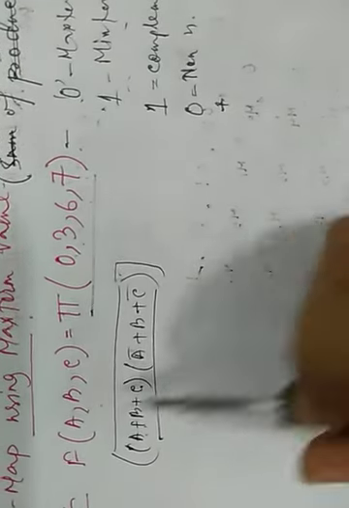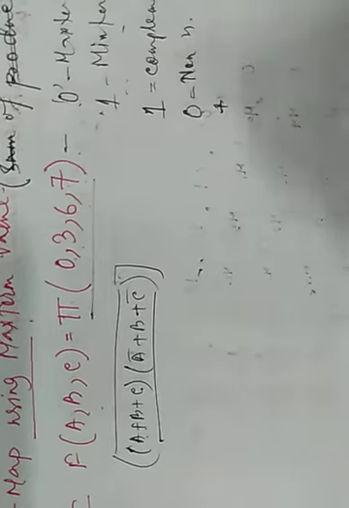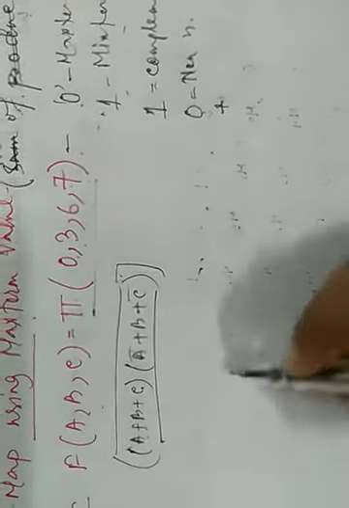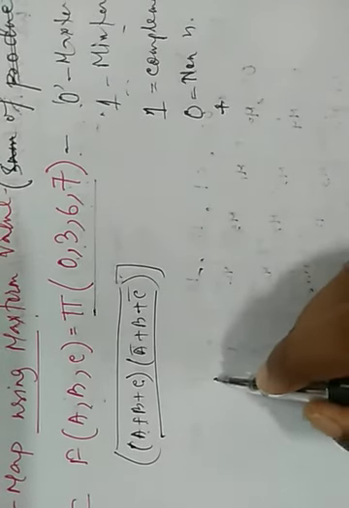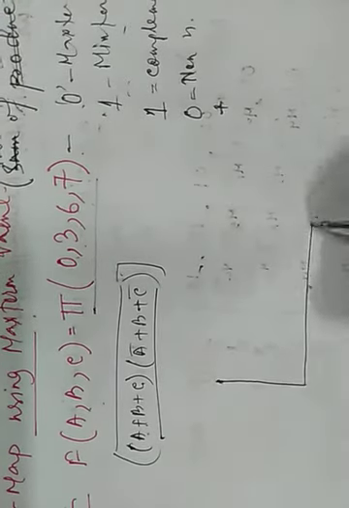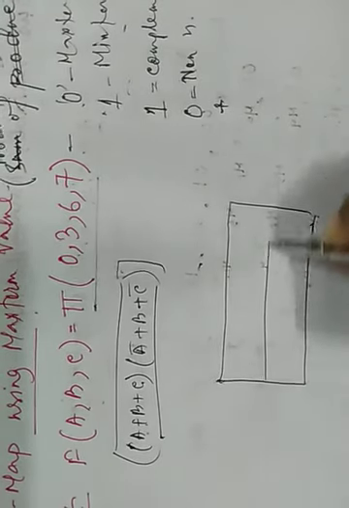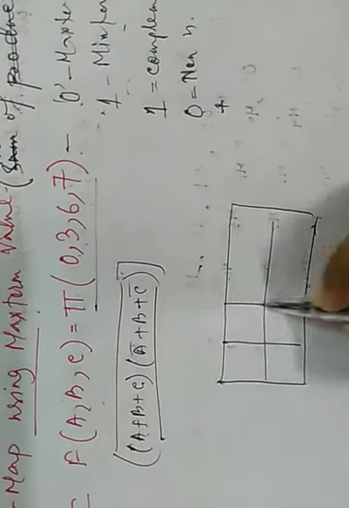For the max term value, as it is 3 variables, that means we need 8 combinations. So our 8 combinations, positions in the tables are the same.